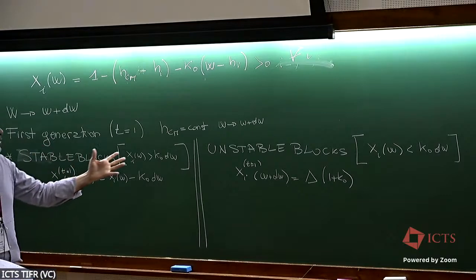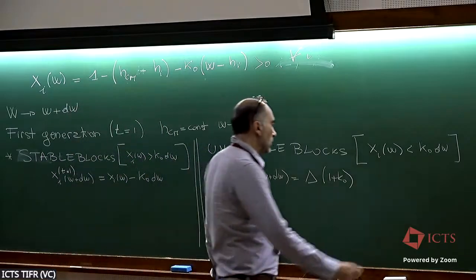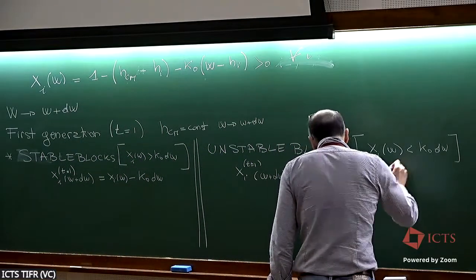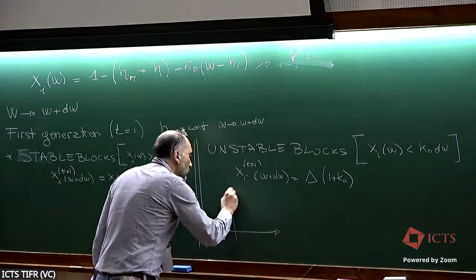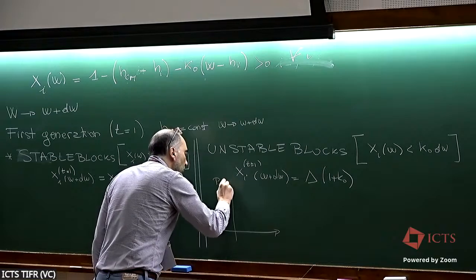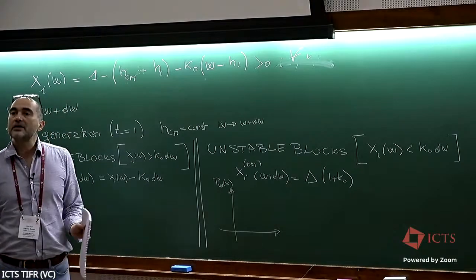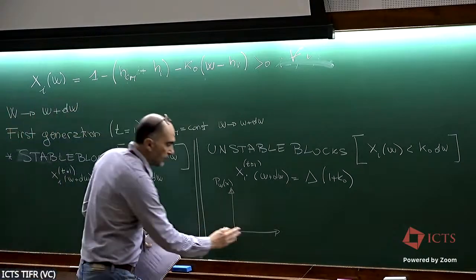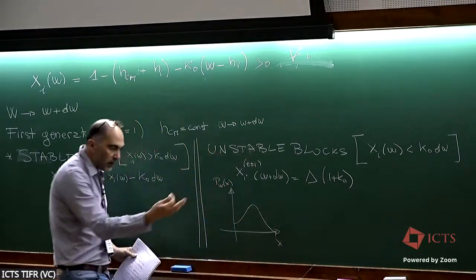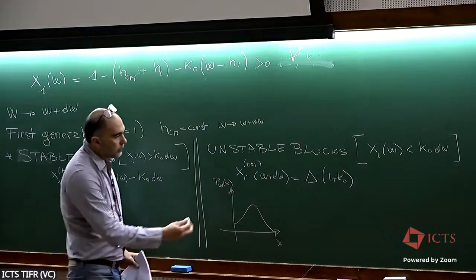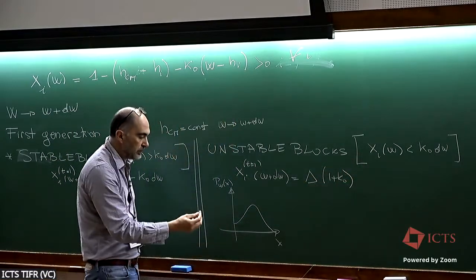And now this is not all. We would like to know how many there are, these unstable blocks, okay? So let me write it here. We have our distribution, PW of X. So this was the distribution when everybody was stable, okay? So it's a positive distribution, we don't know what it is. And now what you want to know is how many blocks verify this condition. Okay, delta W is very small.